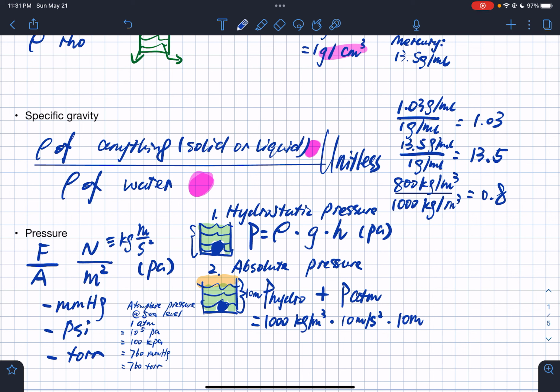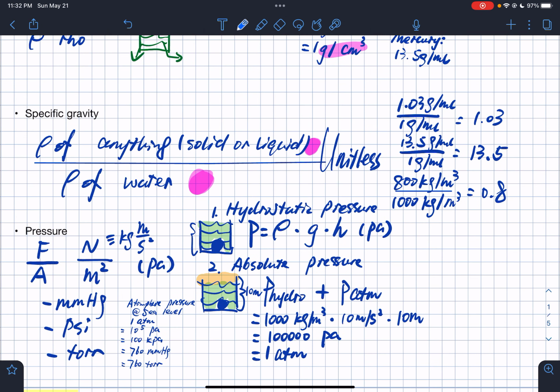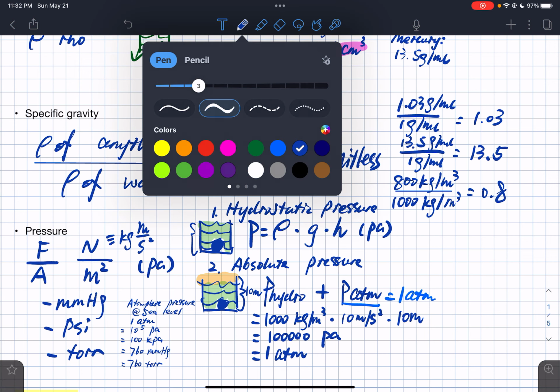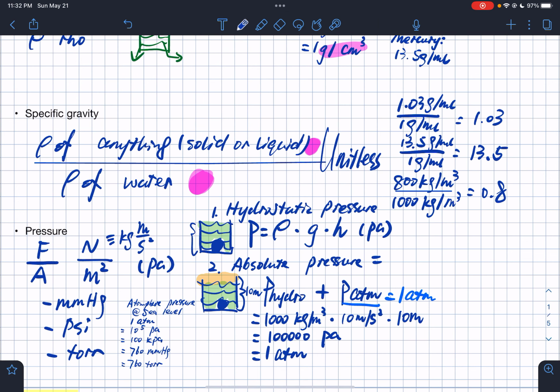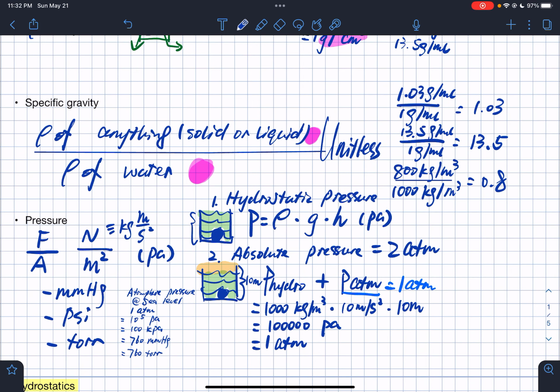That will give us 10 to the 5th Pascal, which equals 1 ATM. Then let's imagine this is at sea level, so the atmosphere pressure it experiences is 1 ATM. So the total absolute pressure the whole system experiences is 2 ATM, right?